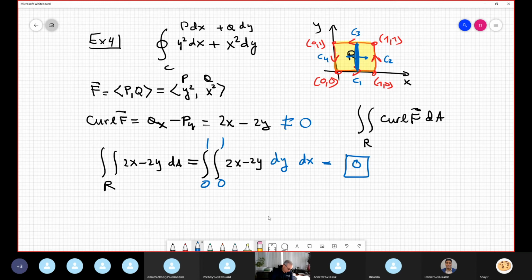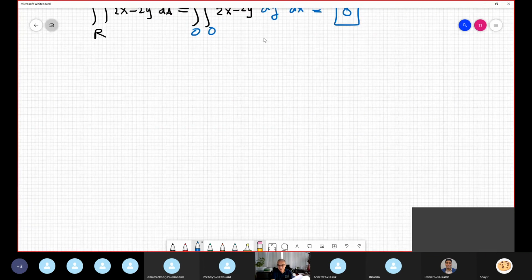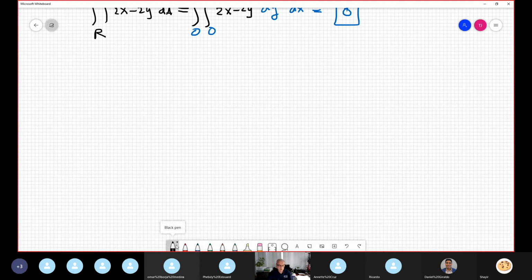I have another one. I take advantage to introduce the next topic. Another example, easy, similar. The theorem is easy. Example 5: suppose the closed integral of 3xy dx plus 2xy dy. And who is C?